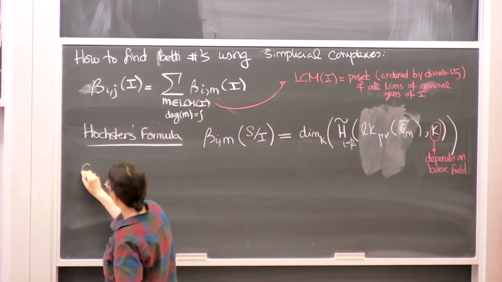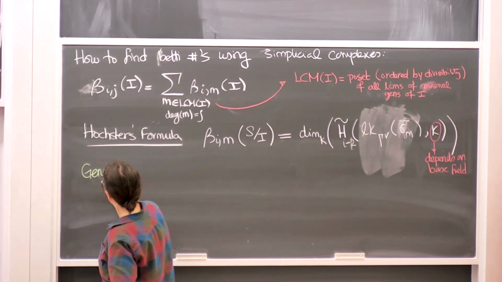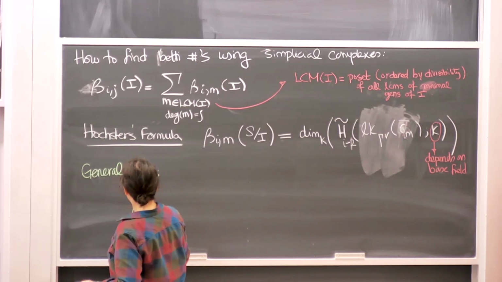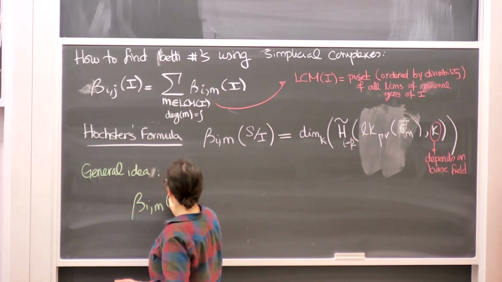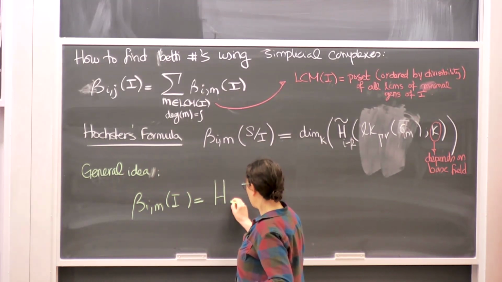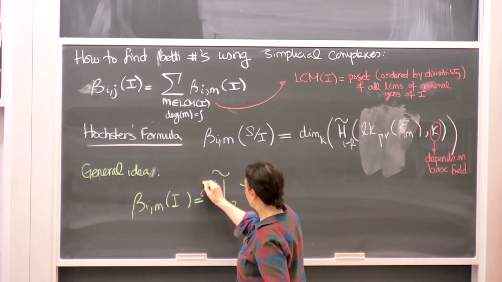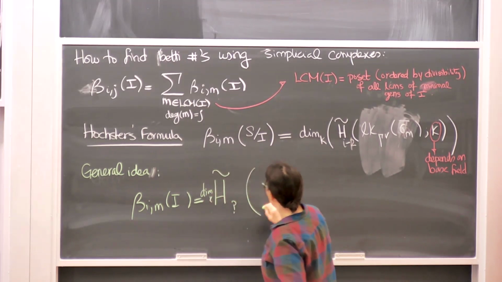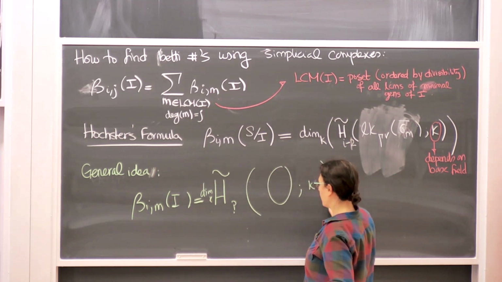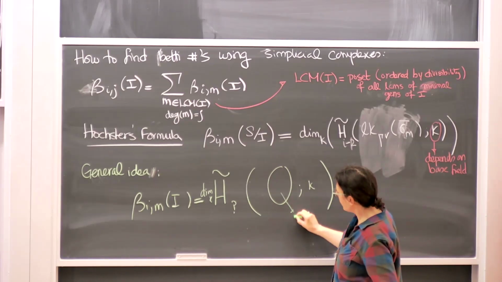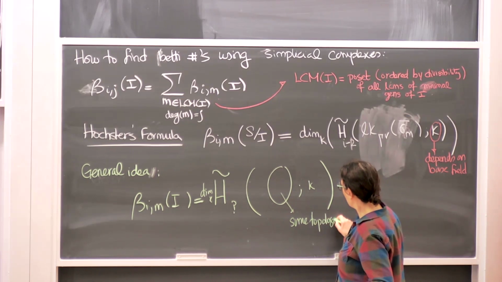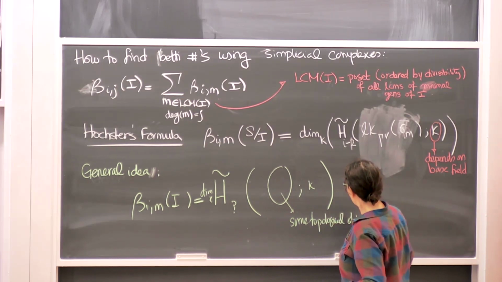Here's a general idea. Beta IM of I is H something tilde, dimension K of some topological object over K. This O here is some topological object.